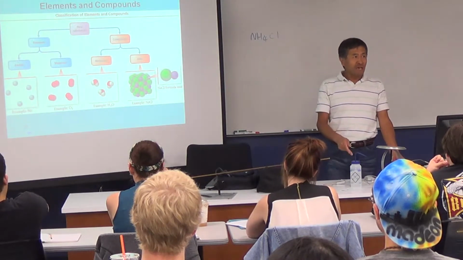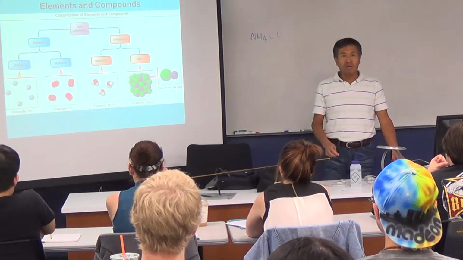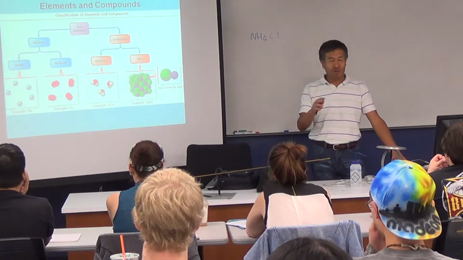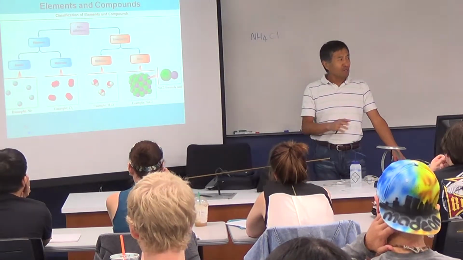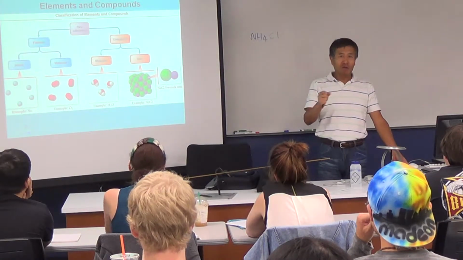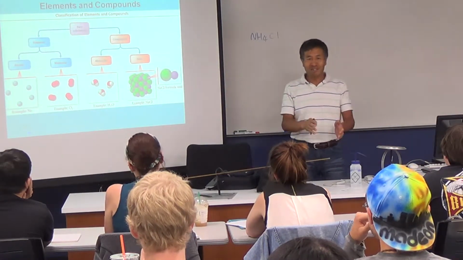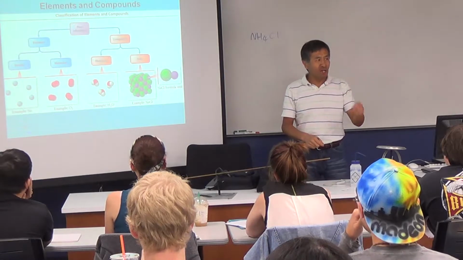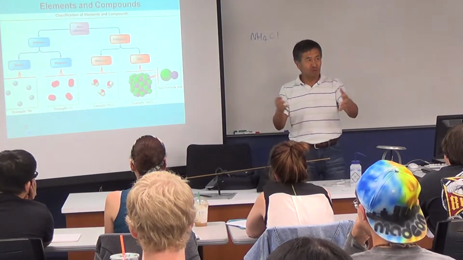Do they exist one by one? Sometimes you also have some combinations. But for example, metals, in some sense, don't exist as one metal atom, another metal atom. You still have this bulk material.